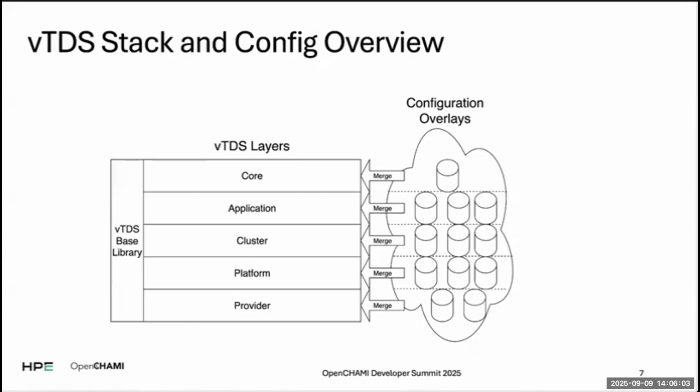Then the cluster to get your virtual nodes and virtual networks into place, and then the application to actually deploy your application out onto that cluster. For VTDS remove, the operations are driven in the opposite order, so that you can tear down appropriately and ultimately remove and release all of your resources.